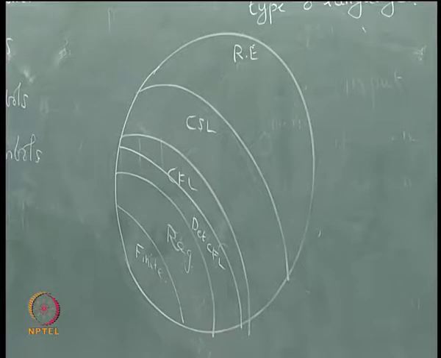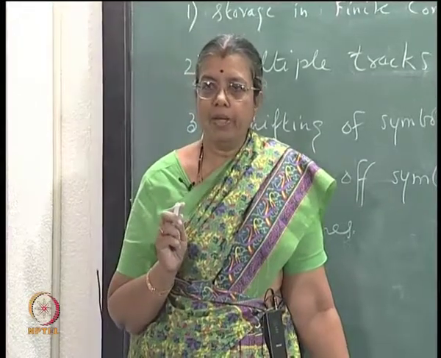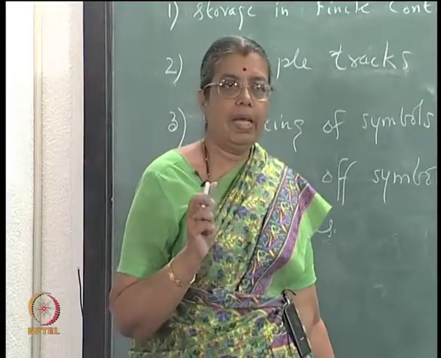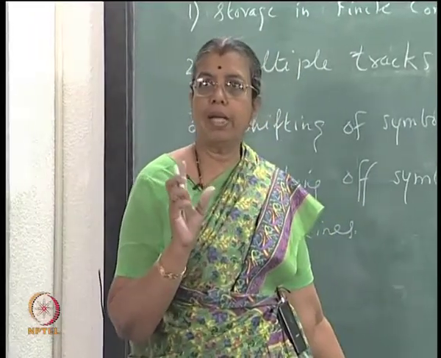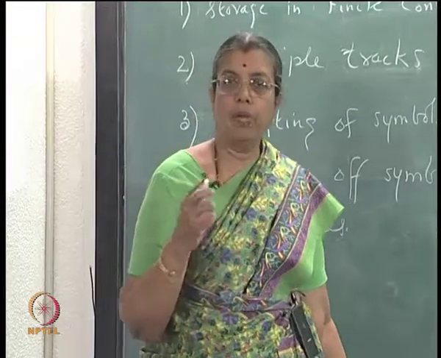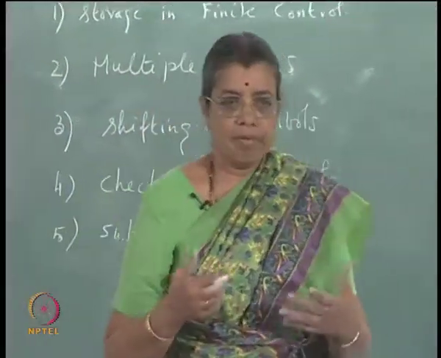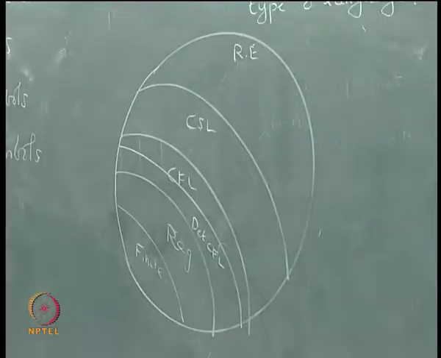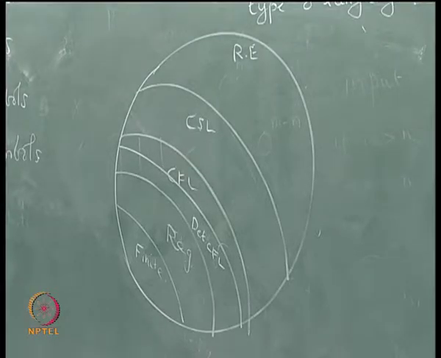Now, we have seen about acceptance by a Turing machine, but if a string is not accepted, then the Turing machine may go to a state from where it will not be able to proceed further, and it is not a final state, that is possible. Or in a Turing machine there is another thing possible, it may get into a loop.